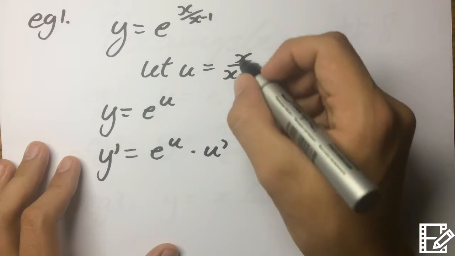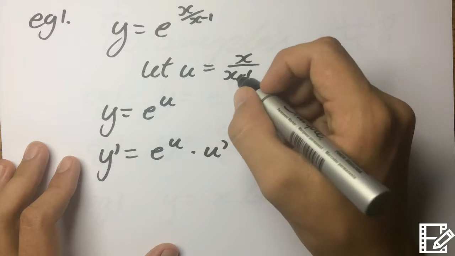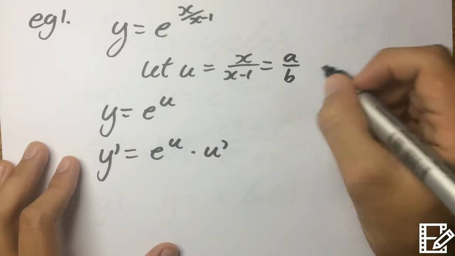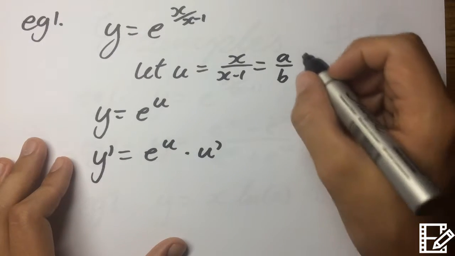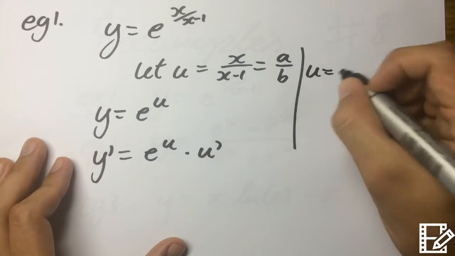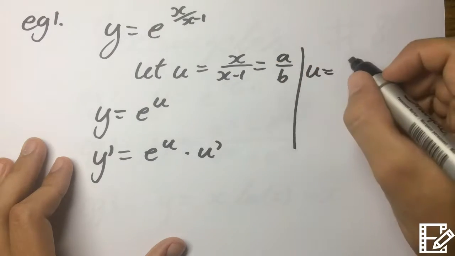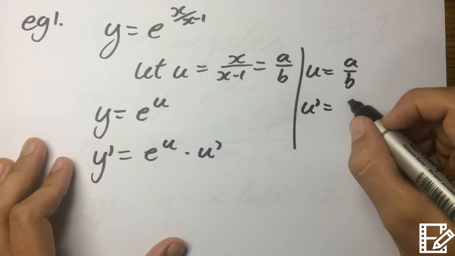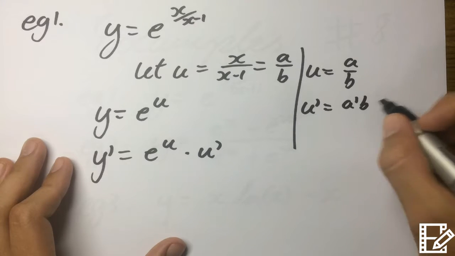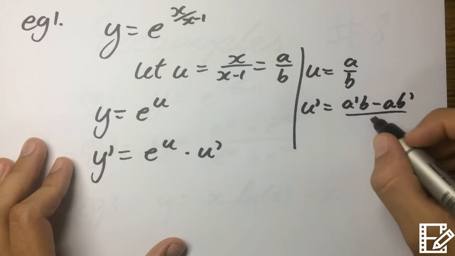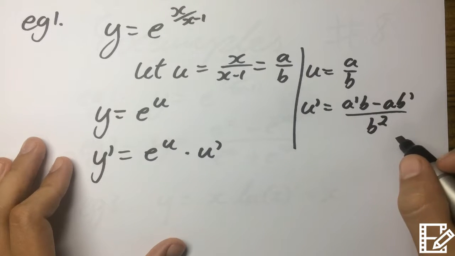We can use the quotient rule here because we've got a function over another function. We'll say the top one is a and the bottom half is b. That means u will equal a over b. U dash will equal a dash b minus a b dash all over b squared.